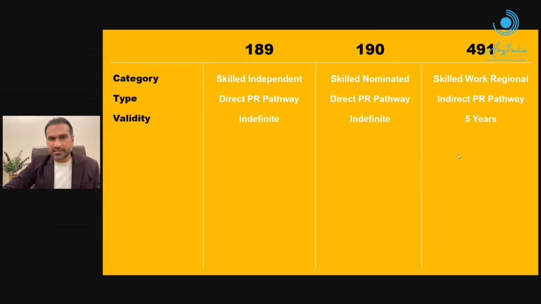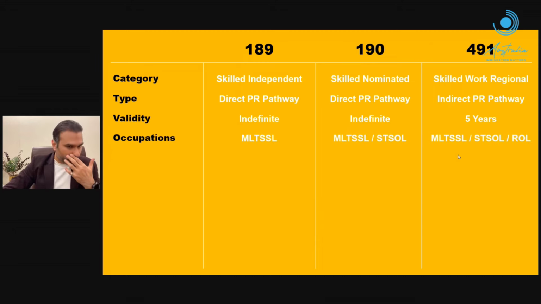Now, when we talk about validity, 189 and 190 are indefinite time period visas, whereas 491 is granted for 5 years, and out of those 5 years, you have to fulfill the visa conditions and complete your ATO statements for 3 years in order to apply for the 191 PR application. Now, when we talk about the eligible occupations, for 189, your occupation must be listed in the MLTSSL list, whereas for 190, your occupation can be from either the MLTSSL or STSOL list.